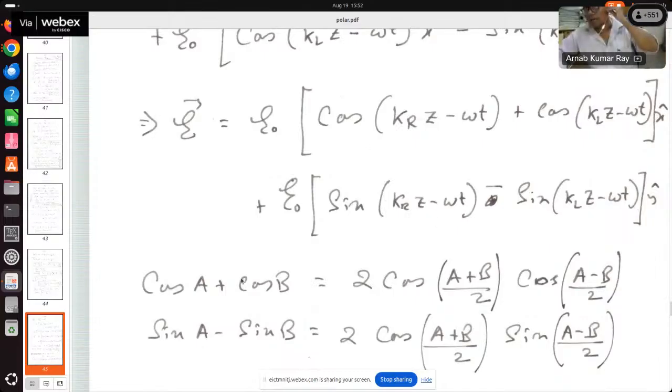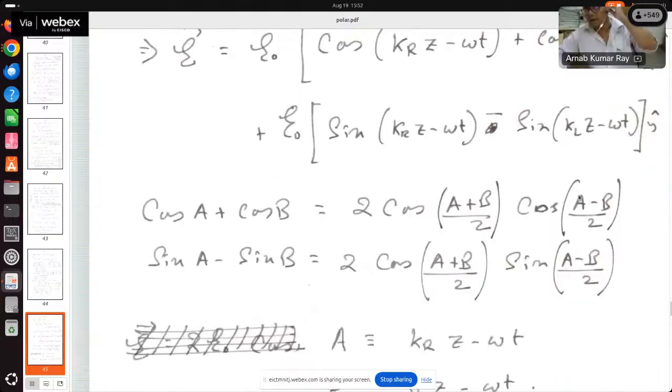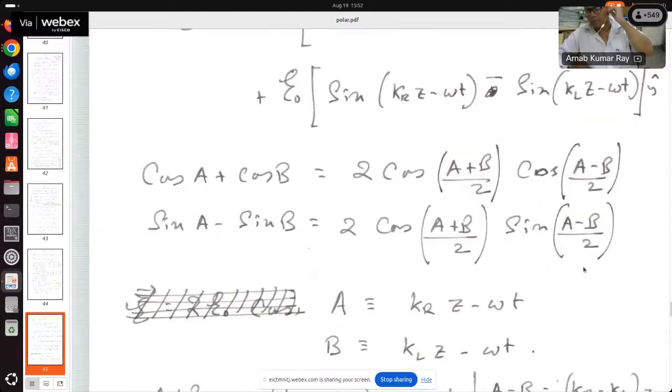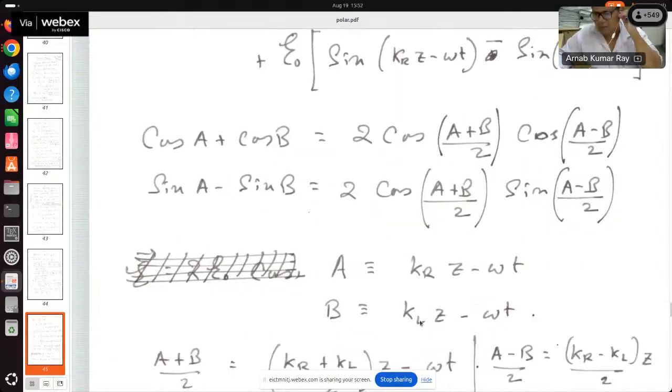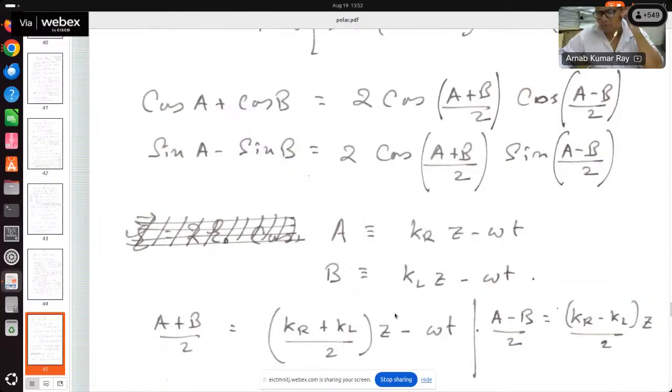The trigonometric identities: cos A plus cos B, and sine A minus sine B. The identity is 2 cos of (A plus B) by 2 times cos of (A minus B) by 2, and for the sine part it is 2 cos of (A plus B) by 2 times sine of (A minus B) by 2. A is equal to KR z minus omega t, B is equal to KL z minus omega t. This will lead to something pretty interesting.